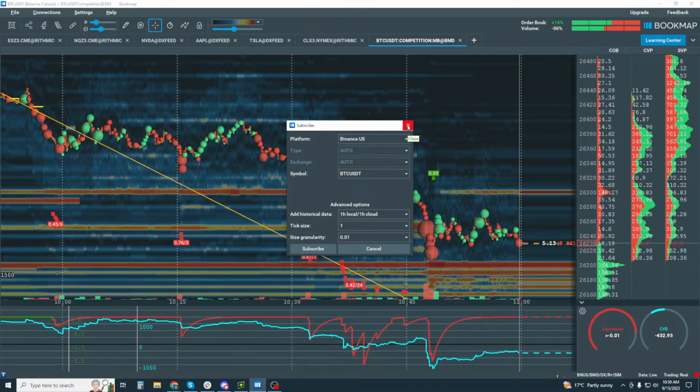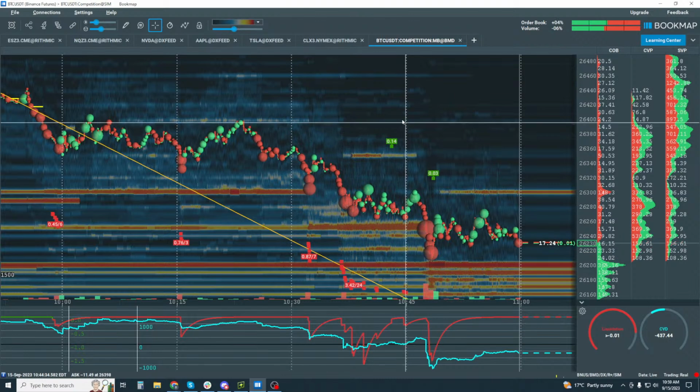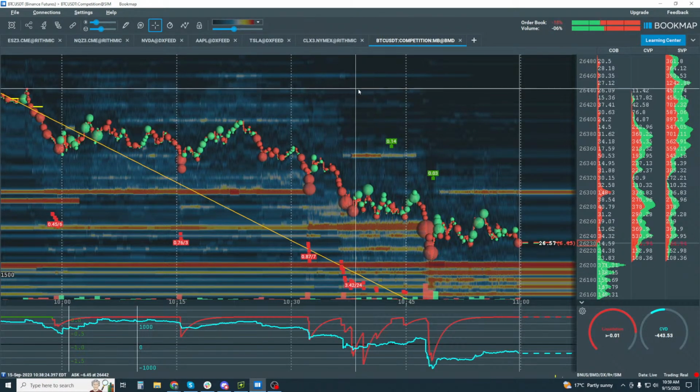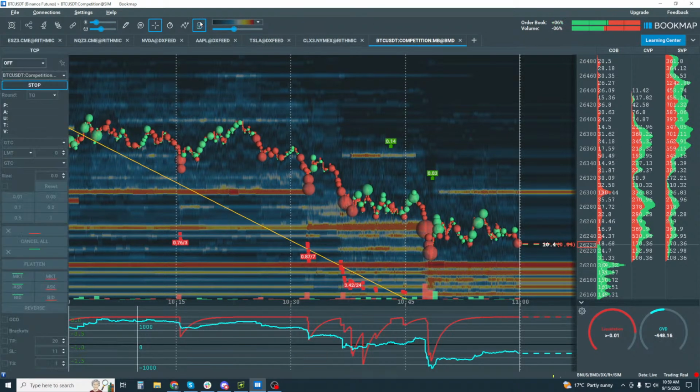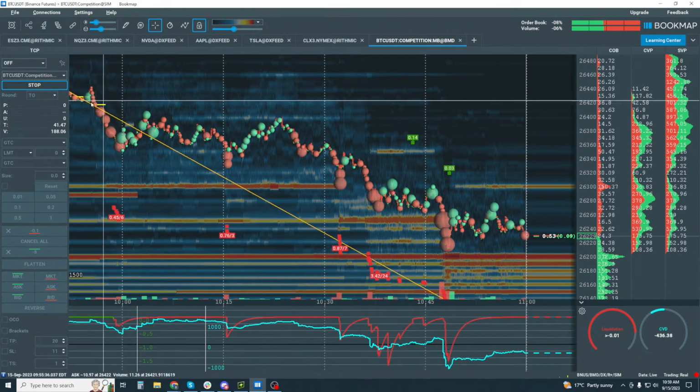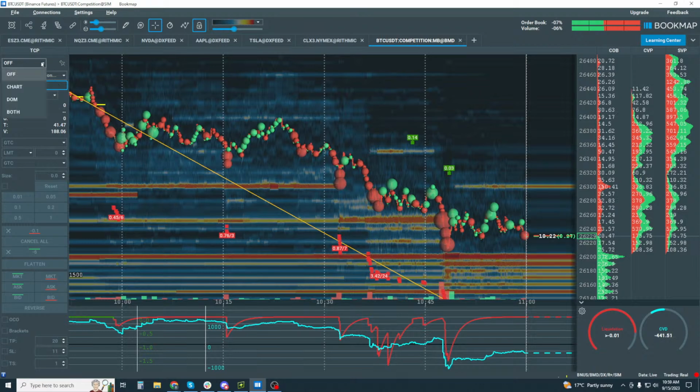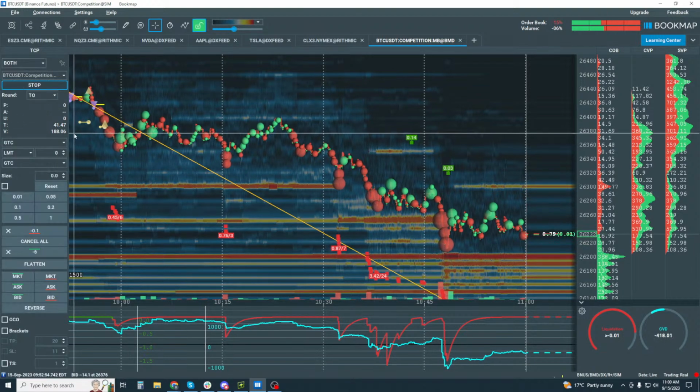Once you've done that, you should be able to open up your trade control panel and start to trade. Oh, you need to go into here. Open up your trade control panel. Turn it on. If you want to trade from a chart, DOM, or both, I always select both.